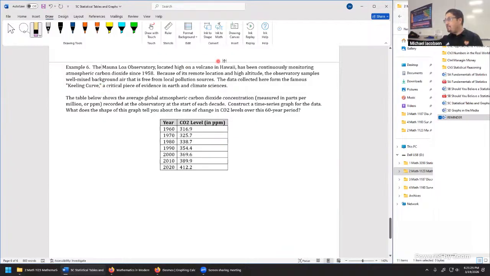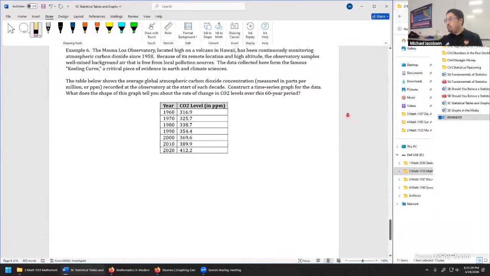This is located on a high volcano in Hawaii. And this is a really important observatory because it's away from other background air, anything that's going to contaminate the measurements they're going to make in this location. It's extremely remote, extremely high altitude, so free from local pollution sources. That's the thought.